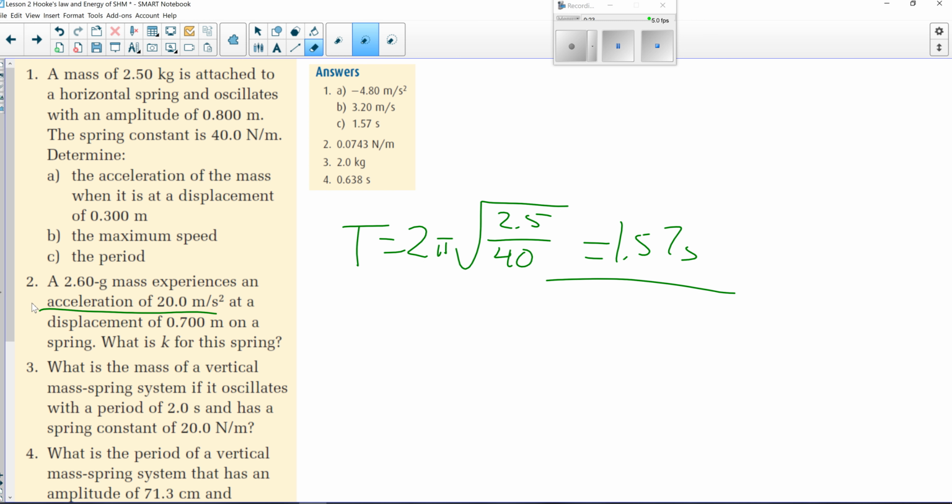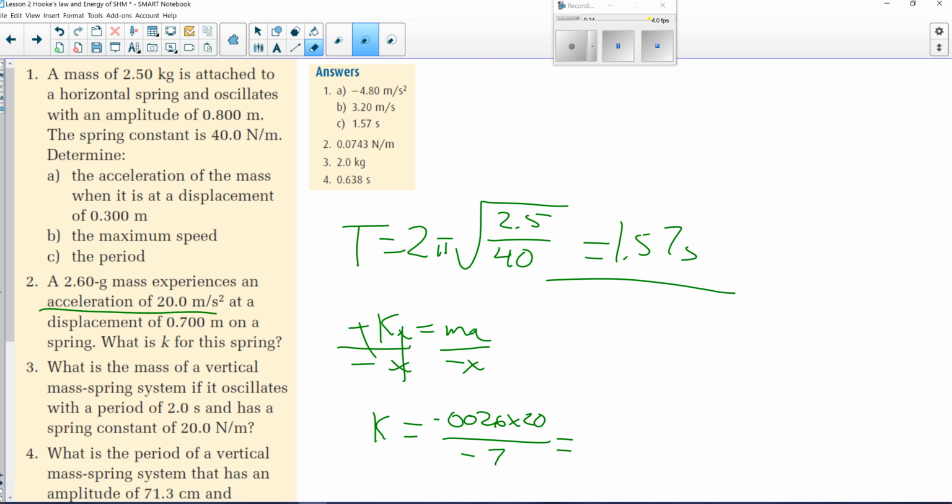So we're going to have negative k times x equals m times a. We're looking for k, so I'm going to divide both sides by negative x. So k will equal 20 meters per second squared times 0.0026 times 20 divided by negative 0.7.